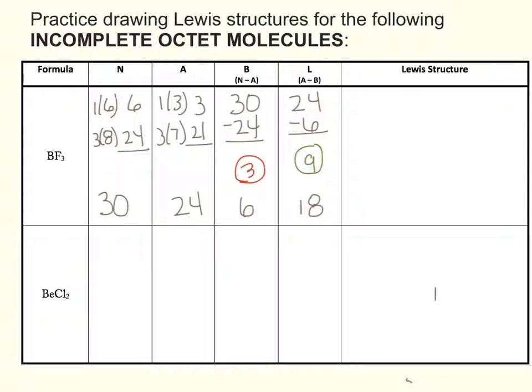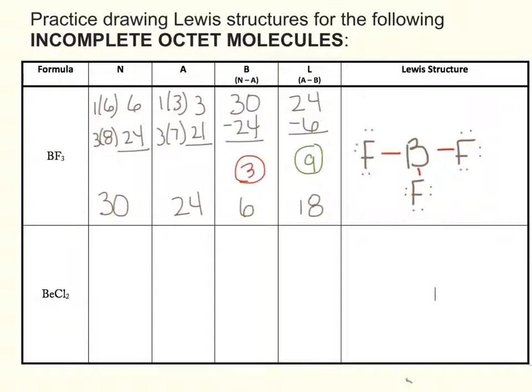For our structure, B will go in the center, F, F, and F. There are 3 bonds that we calculated, and 9 lone pairs.